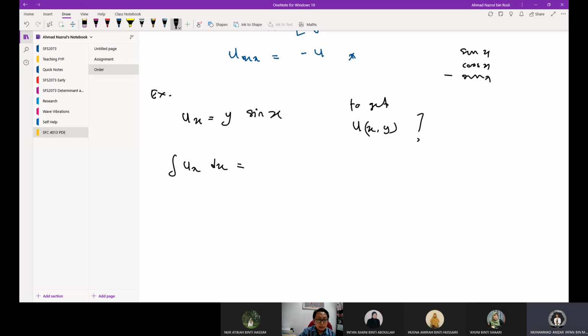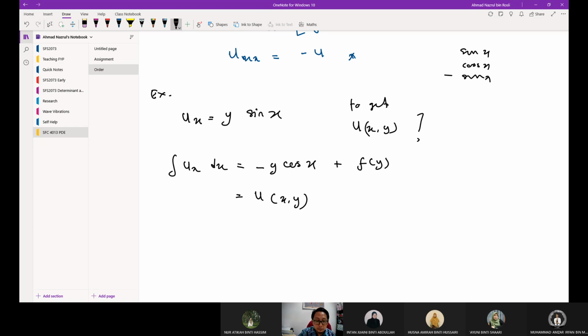So you can get negative y cos x. y ni is a constant. And then you have another plus c kan. They say plus c(y). So they put the arbitrary value which is a function of y, sebab y tak ada dalam ni kan. So ini adalah equation for u(x,y).